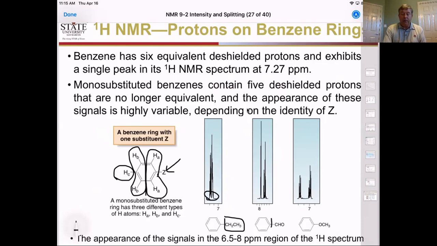If you have an electron withdrawing group here, that's of course going to give you a different shift for the ortho and the meta, because think about the resonance structures and the intermediates there. So we're going to get a different peak splitting there. And then if we have an electron donator right here, we're going to get a different peak splitting, and typically we get a bigger separation when we have that. But all of these peaks should appear between 6.5 and 8 ppm, in that aromatic proton range.